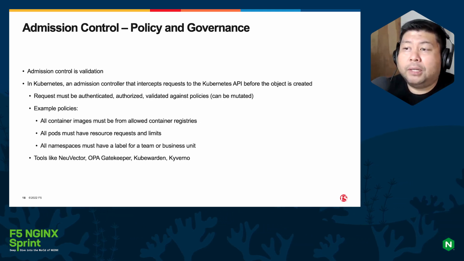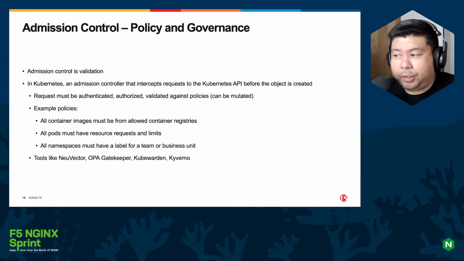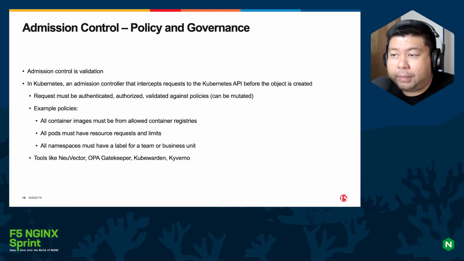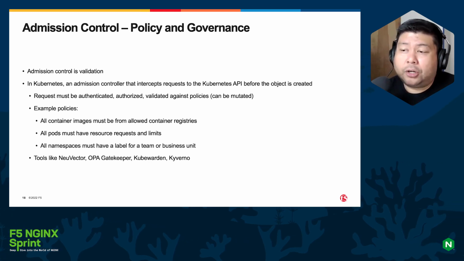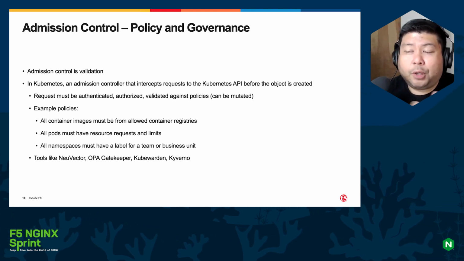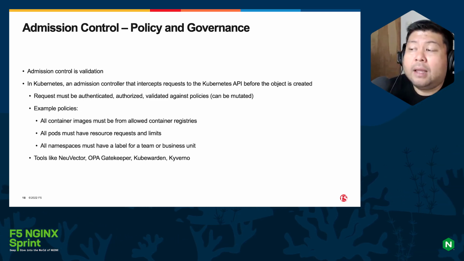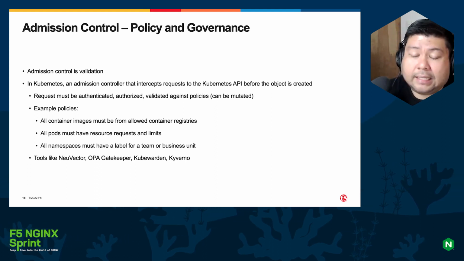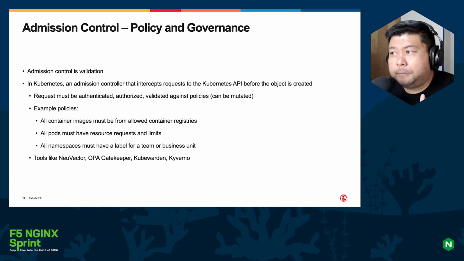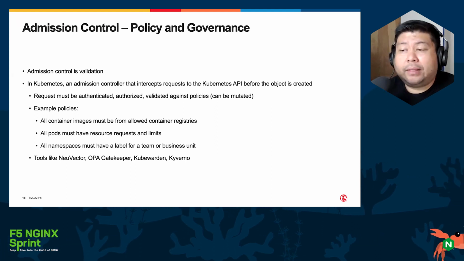Third-party admission controllers like NeuVector, OPA or OPA Gatekeeper, Kubewarden, or Kyverno, and there's more out there as well, will take that request to the Kubernetes API, make sure it's been authenticated and authorized correctly, and validate it against existing security policies. And it could also change those requests, so it can mutate those changes.